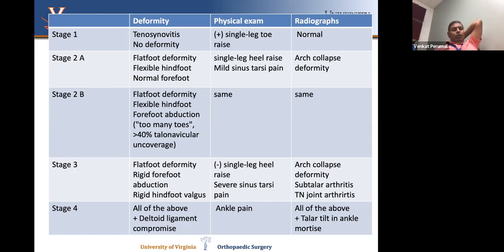Stage 3, you have flat foot deformity, heel is in valgus, but you cannot correct it. In an X-ray, there is subtalar arthritis, a TN joint arthritis. Stage 4, the valgus is so bad that the deltoid ligament fails, and there is a valgus deformity of the talus, so that the ankle joint opens to the medial side. So the stages are very important to come to a diagnosis as well as the treatment option.